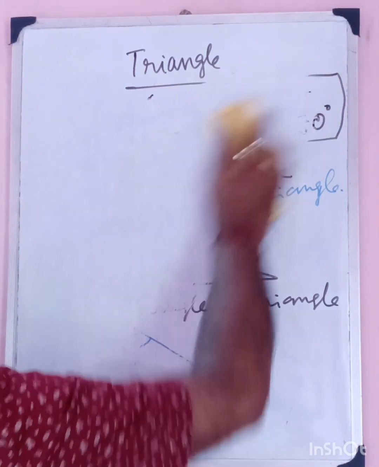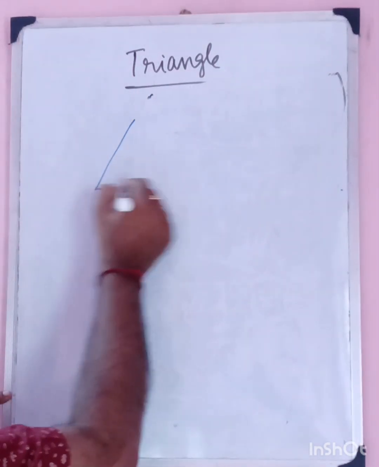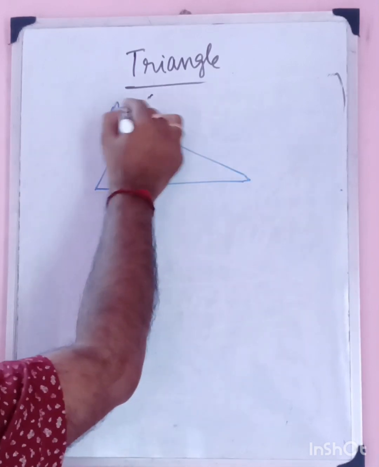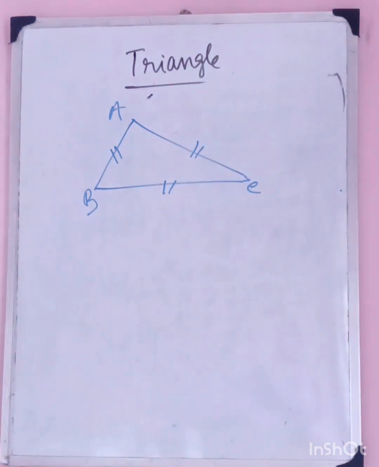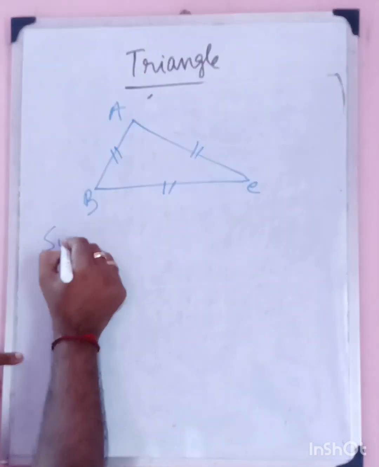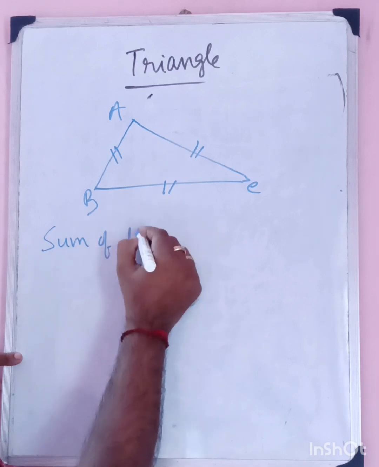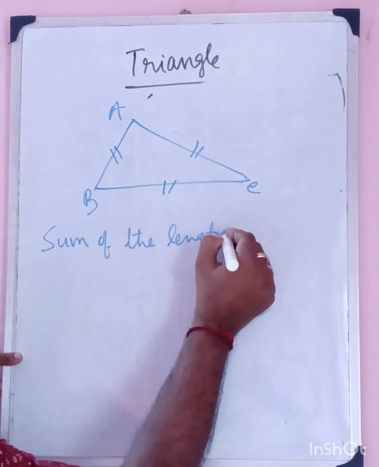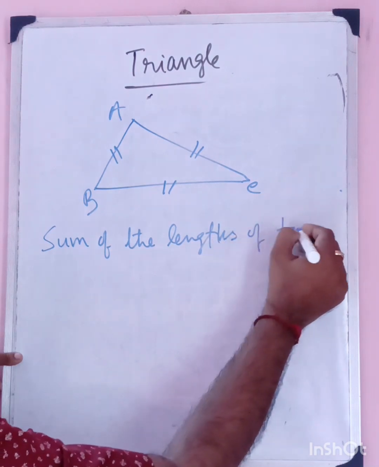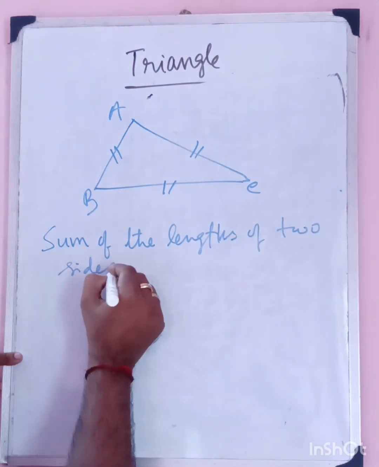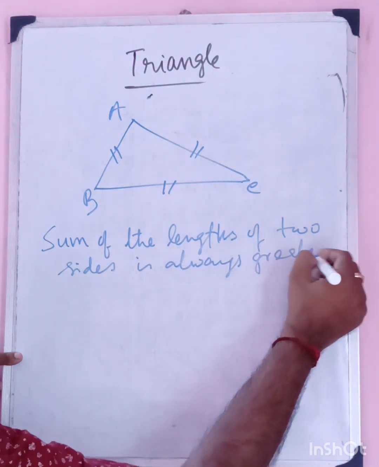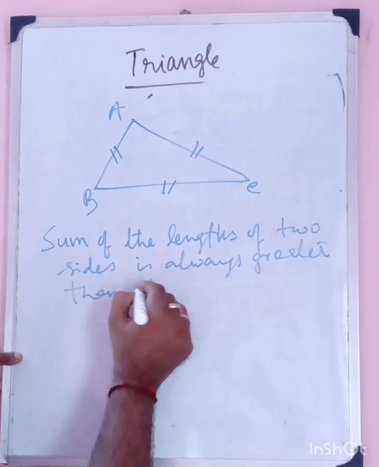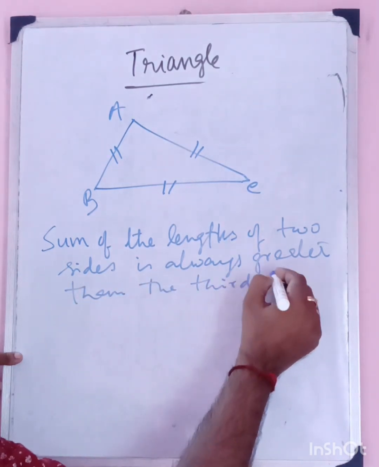Now property 2 of triangle. Take ABC, sides AB, BC, CA. The second property is, the sum of the lengths of two sides is always greater than the third side.